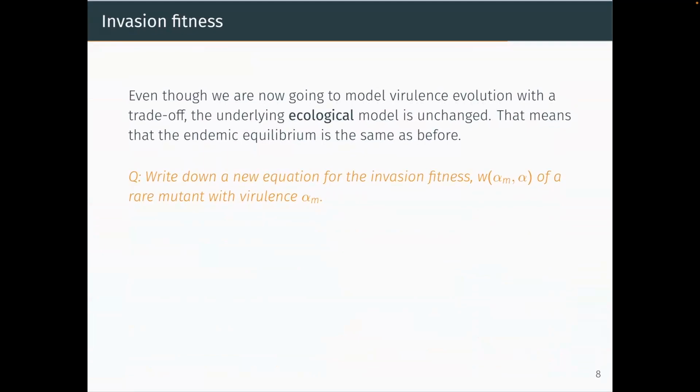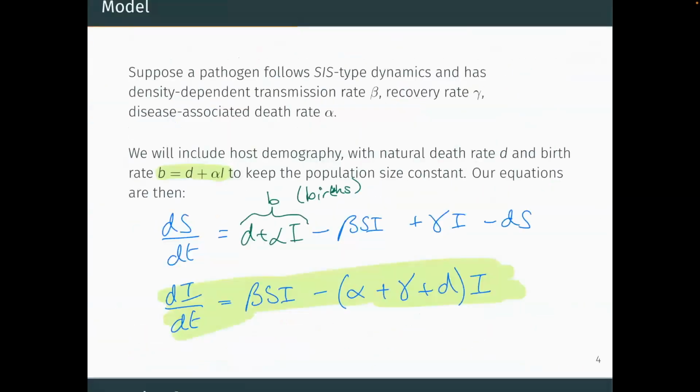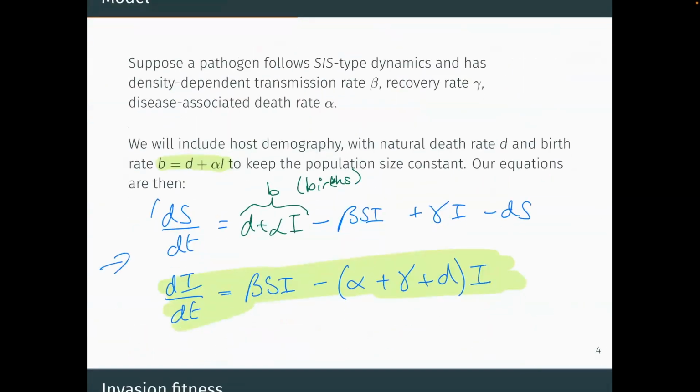Okay, so let's go back to our model. We're using the same underlying ecological models. Whenever I say ecological model, I mean this thing here, our basic population dynamics. This isn't changing. This is just saying what happens if we've got these particular trait values. This is telling you the infection process, the birth-death process. That's not changing.